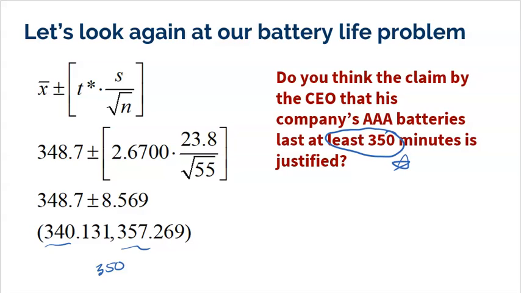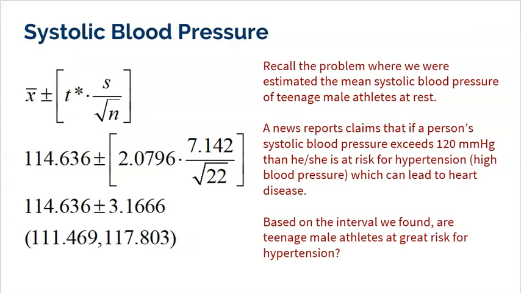You can't say, well, wait a minute, he could be wrong. You're right, but the truth is that I don't know what the truth is. So I can't claim he's wrong. I'm going to go ahead and support that this CEO is telling the truth because his value does fall within my interval. Let's look at an example where the opposite of that happens.